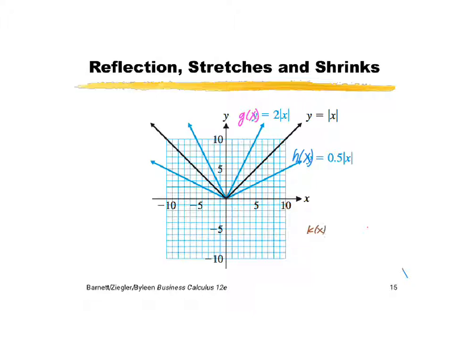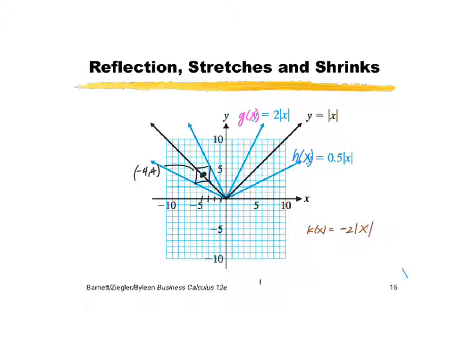But let's write k of x equal to -2 times the absolute value of x. So if we just choose one ordered pair from the graph here, we have -4, 4. So I'm going to go ahead and write -4, 4 there also.